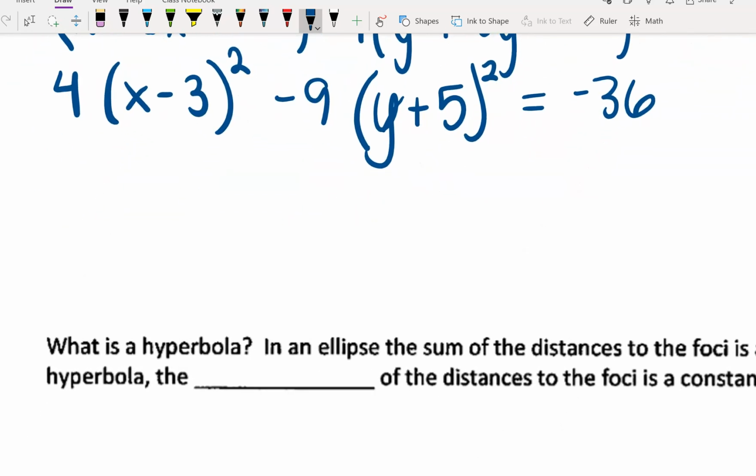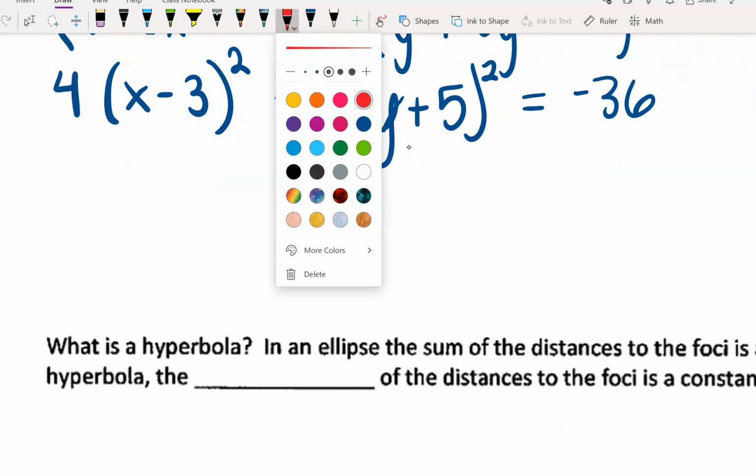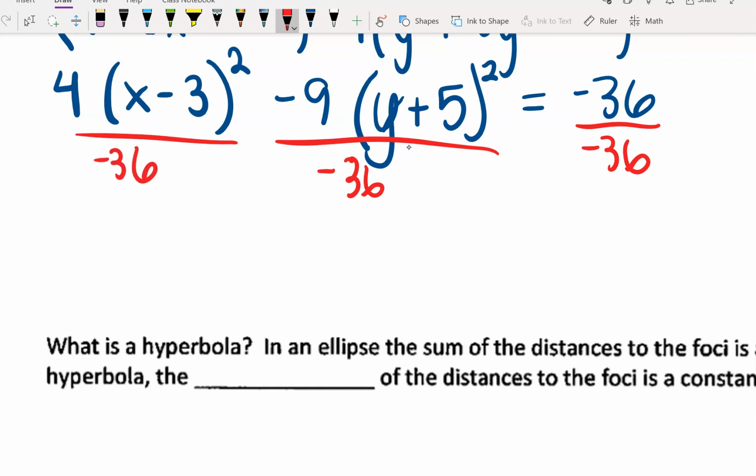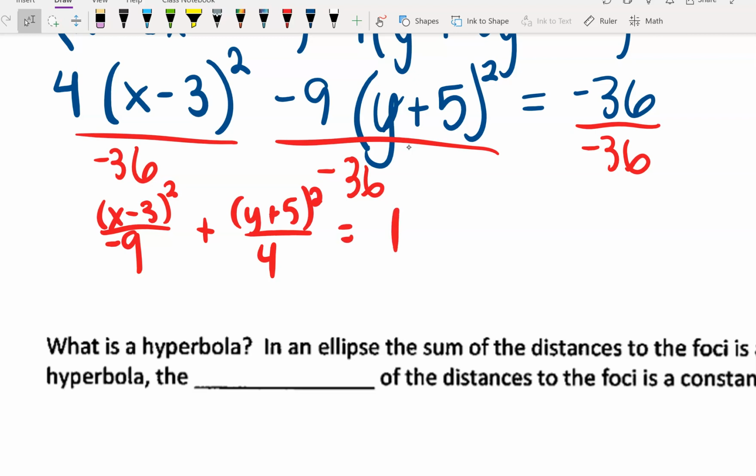And then we need it to be equal to 1, not negative 36. So we are going to divide everything by negative 36 so that it can be equal to 1. So this first one, the 4 and the negative 36 will reduce to negative 9. This one will be positive 4 on bottom, y plus 5 squared on top still equals 1. And again, the issue is there shouldn't be a negative on the bottom on this one.